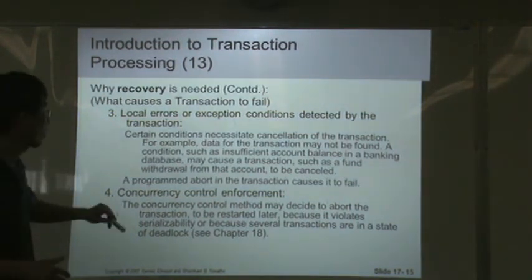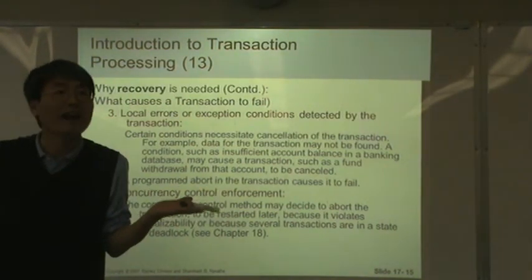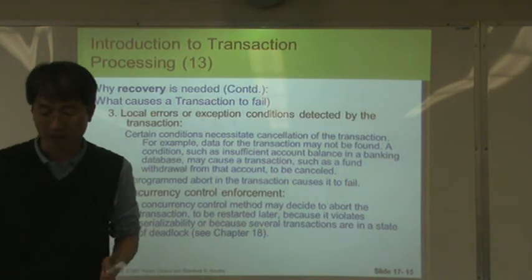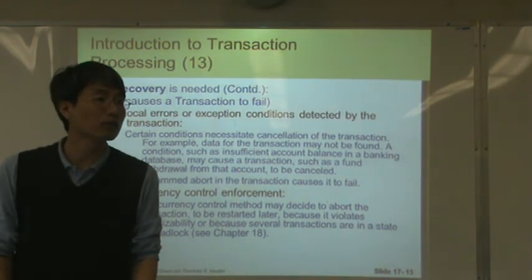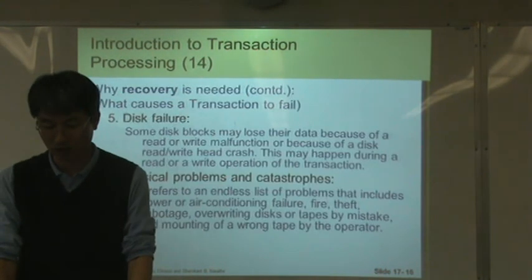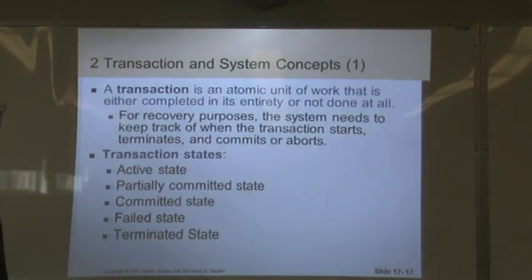And concurrency control enforced concurrency management cannot handle complicated cases, and then sends an error. So at that time we need to recover the system based on what? The concept of the transaction, even for physical failure and others.